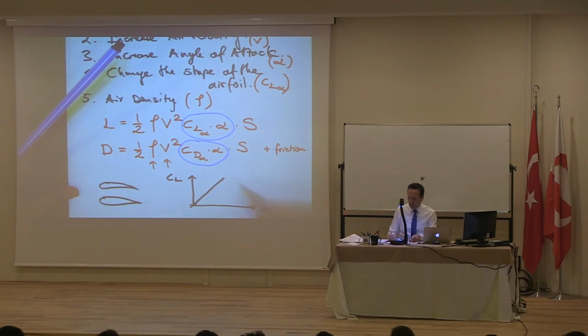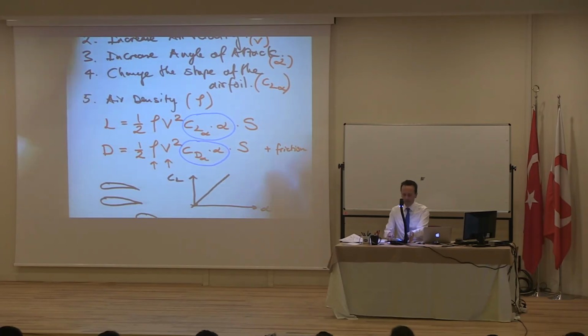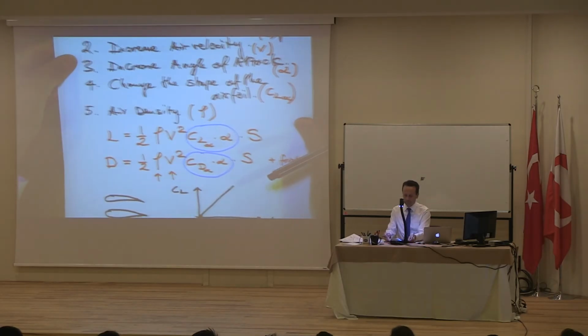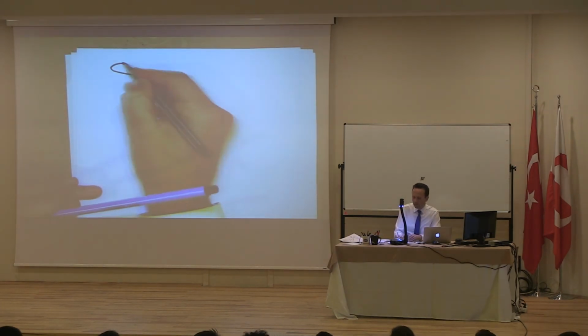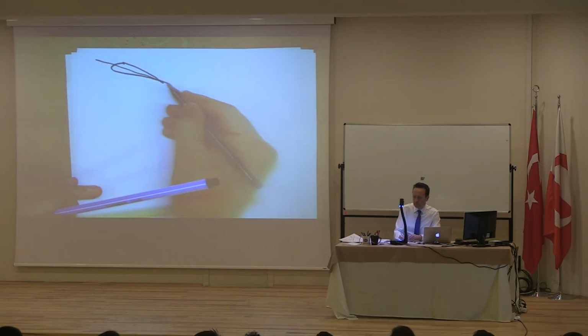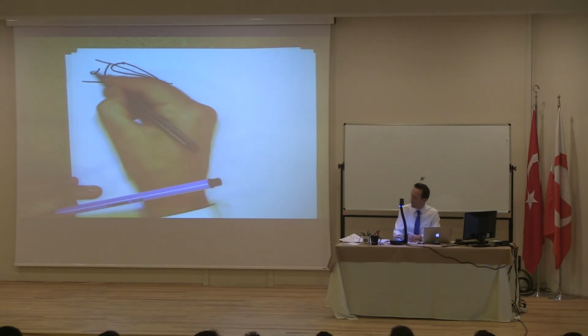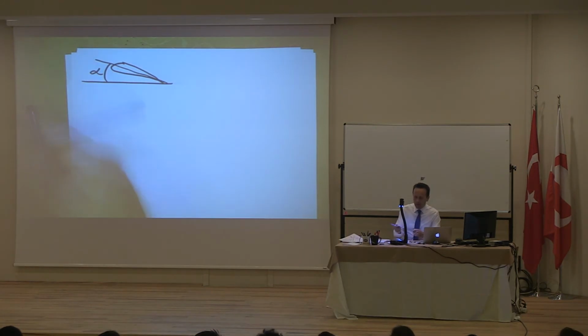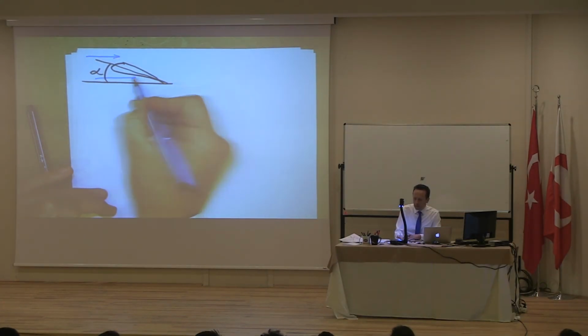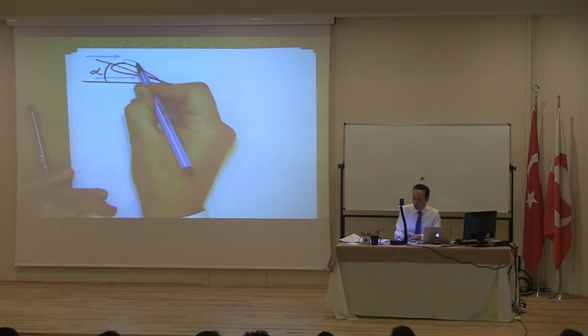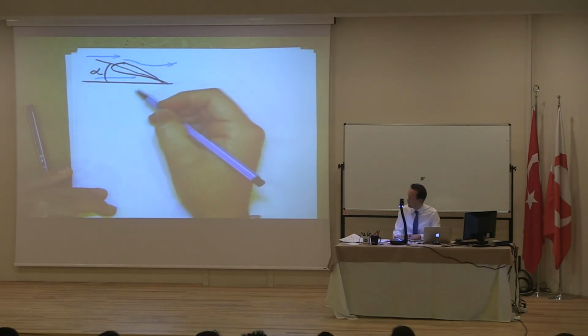Okay? You cannot increase it too much, because after a while, if you have a really large alpha, what happens is when the air is moved here, this air will not stay here anymore and it will start separating.